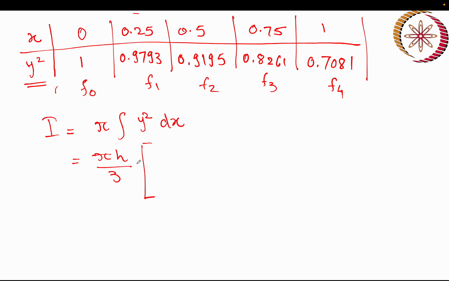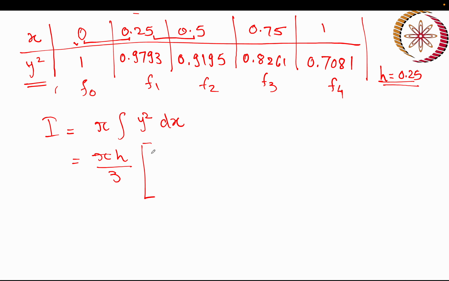Here, if you see this common difference, h is equal to 0.25, which is the step size for x, the difference between the successive x values.